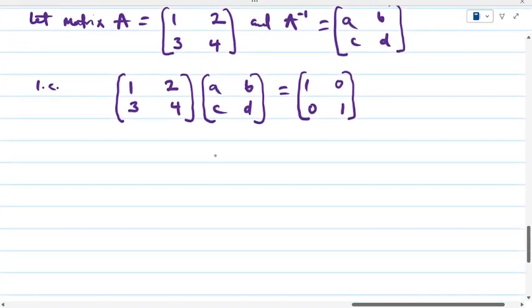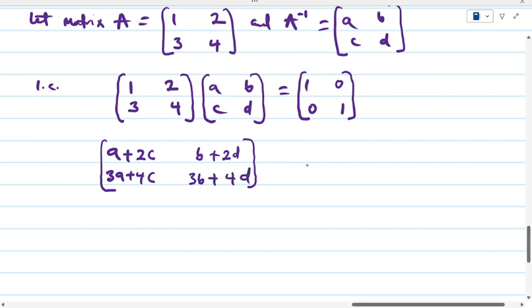So let's try to find the values of a, b, c, d. Don't forget your multiplication, row by column. So that is 1 times a, 1a, plus 2 times c, 2c, and 1 times b, that is b, plus 2d. Then 3 times a plus 4 times c, 3 times b plus 4 times d, equals [1, 0; 0, 1].